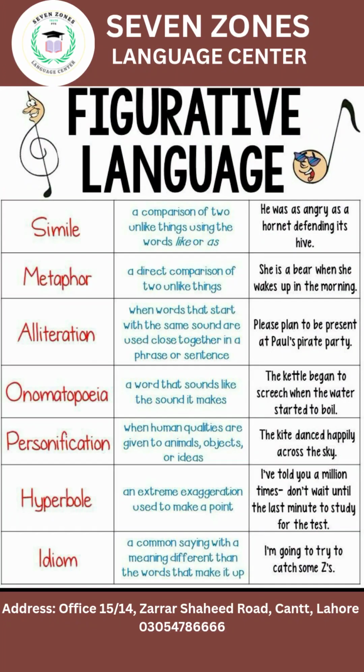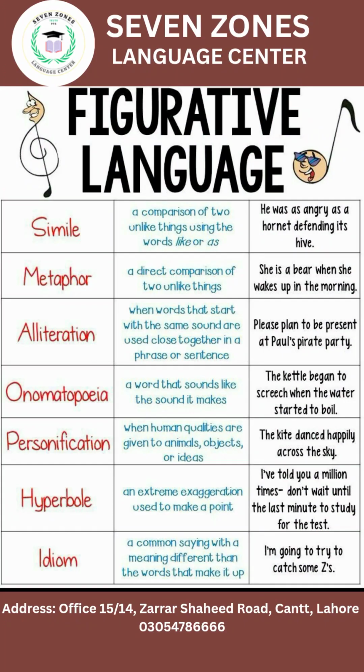Okay, after that, we have alliteration. Alliteration is when words that start with the same sound are used close together in a phrase or a sentence. Alliteration is also widely used in poetry. The starting letters should be the same in alliteration. For example, it's written here, please plan to be present at Paul's private party.